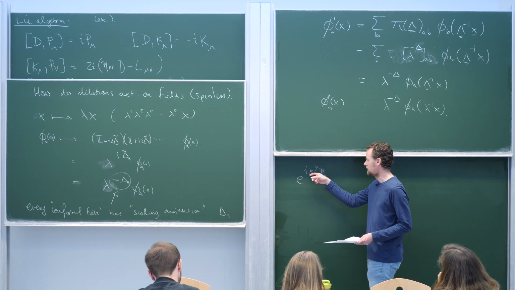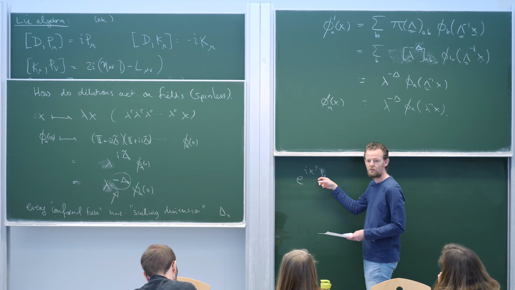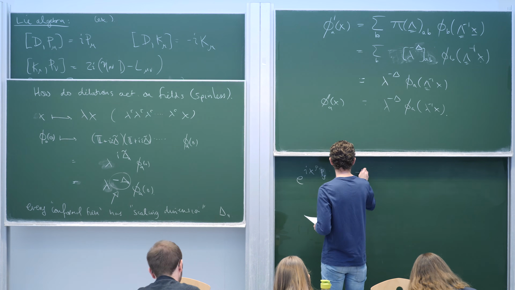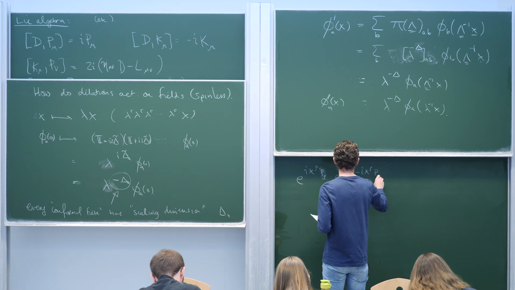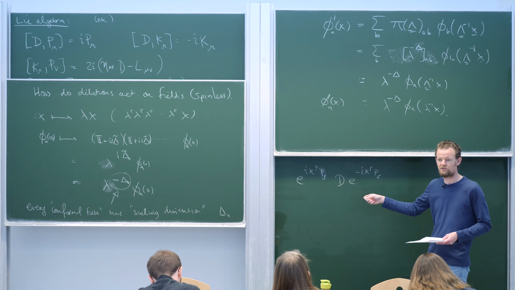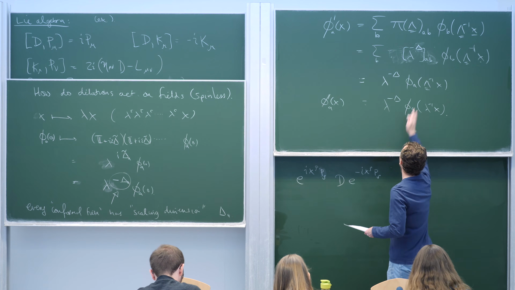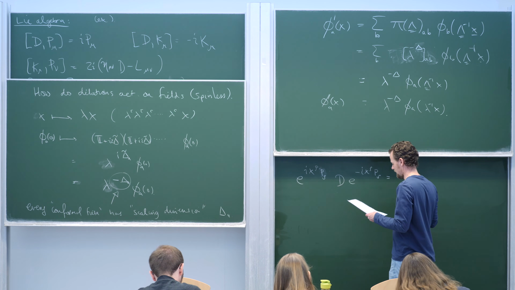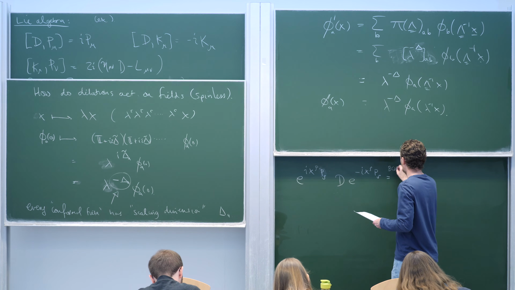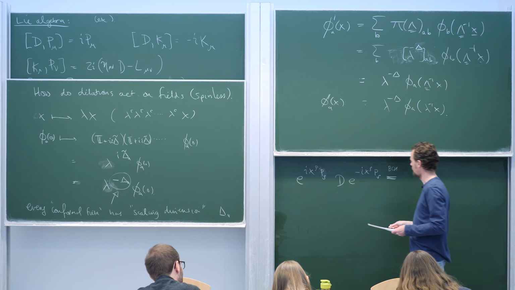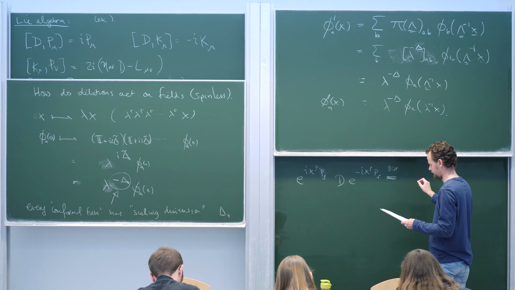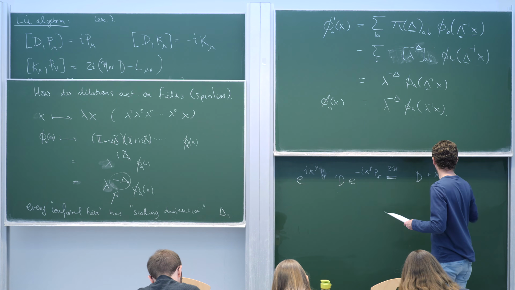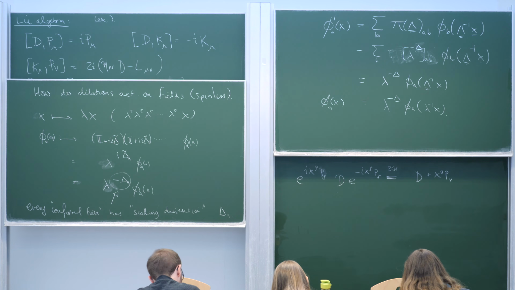A translation is e to the i x rho p rho. And then we might wonder, how does a translation act on the generator itself? That will allow us to pull out a translation overall up there. And you use the Baker-Campbell-Hausdorff formula right here, to learn that that equals that.